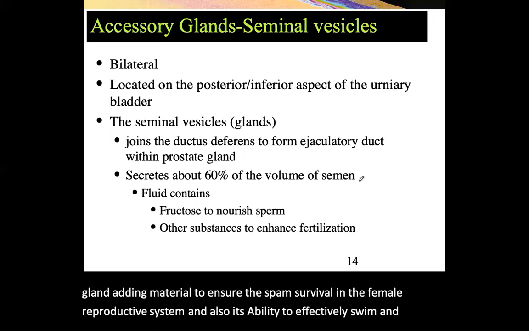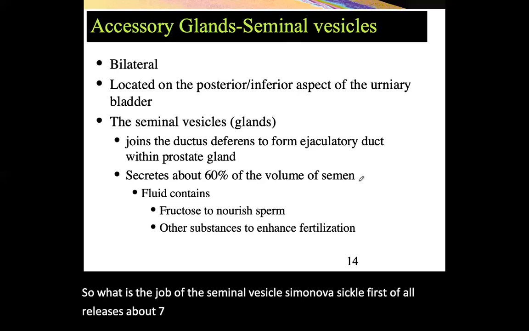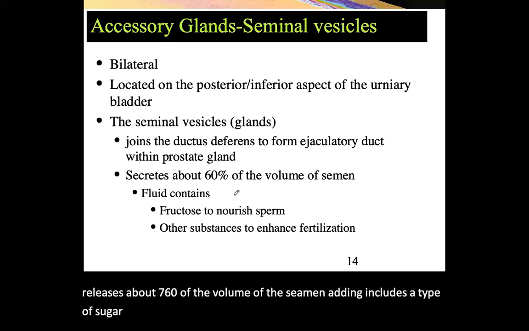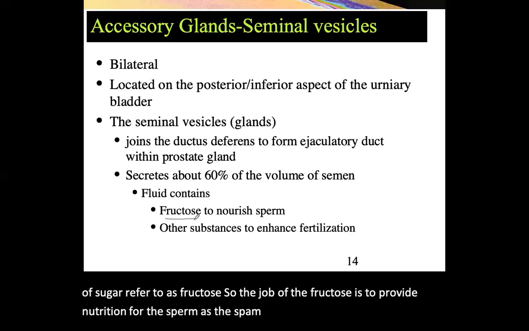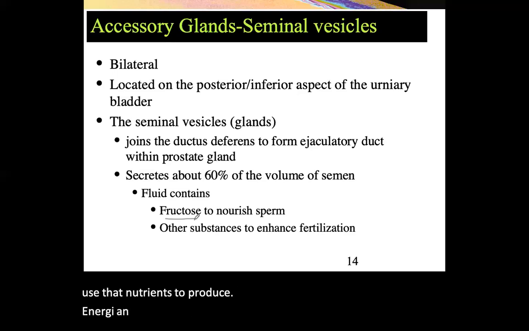So what is the job of the seminal vesicle? First of all, it releases about 60% of the volume of the semen, and it includes a type of sugar referred to as fructose. The job of the fructose is to provide nutrition for the sperm as it swims through the reproductive system, ensuring it has nutrients and the capacity to use them to produce energy and effectively swim its way through.